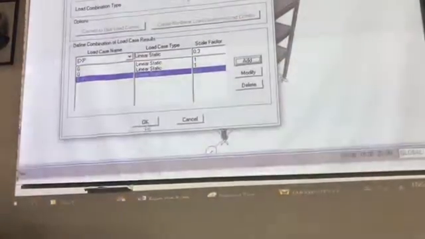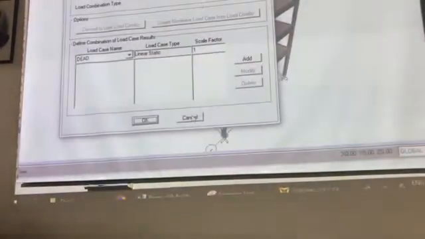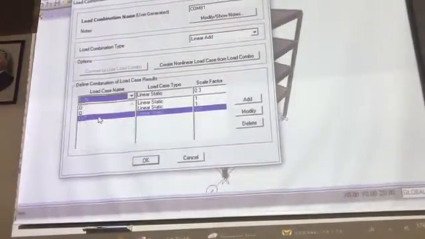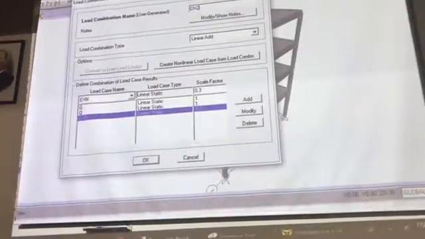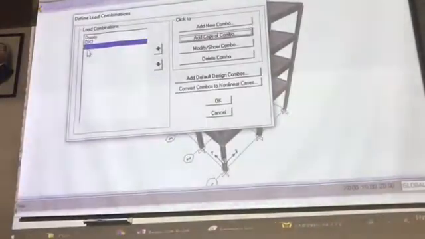This is another combination. Add another combo, or let's copy the combo and change this one. This is dx2. Okay.